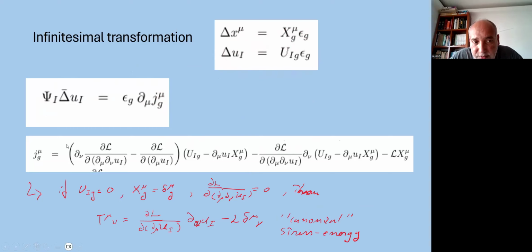And this quantity is given by this formula. Here it is written up to second derivatives of the field, but if you eliminate these second derivatives and, for instance, the fields do not transform, this is not a gauge transformation, you only have space-time variations, you end up with the standard formula for the stress energy tensor, okay?